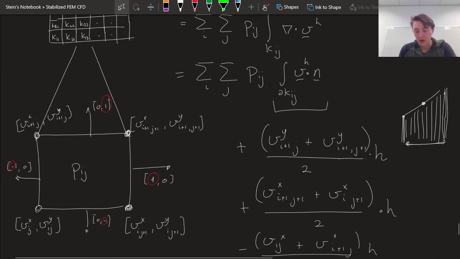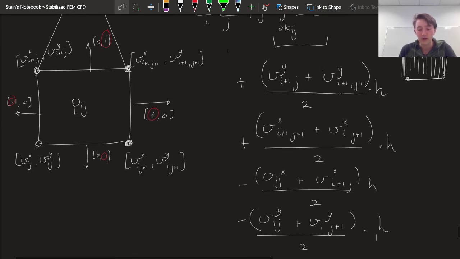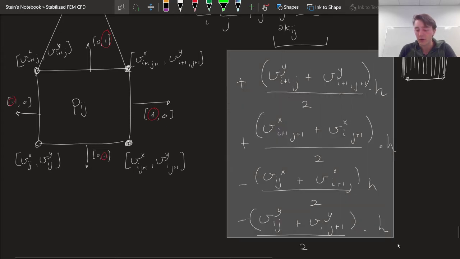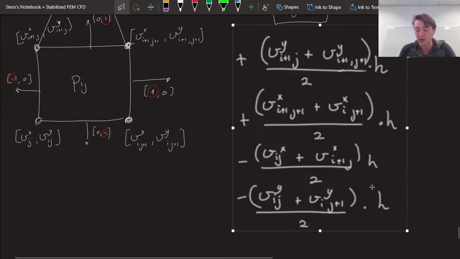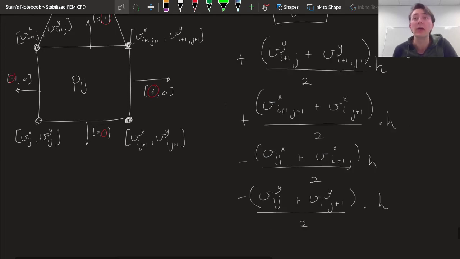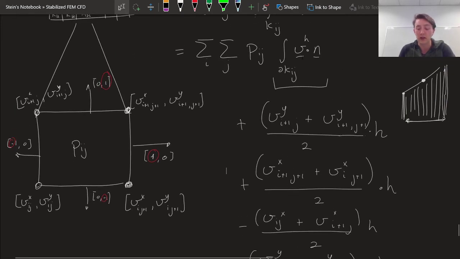Okay, so this simple integration over the element boundary of Vh dot n, I can explicitly write that out as the sum over all these contributions. And that's an identity. I'm not making an approximation here, other than naturally the approximation that's already in here from the finite element discretization.